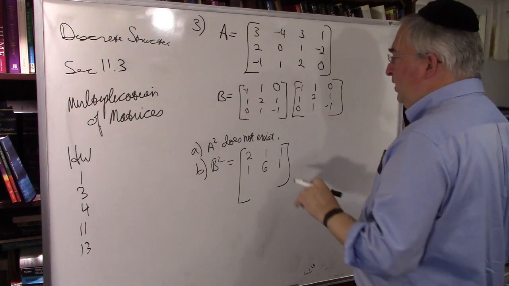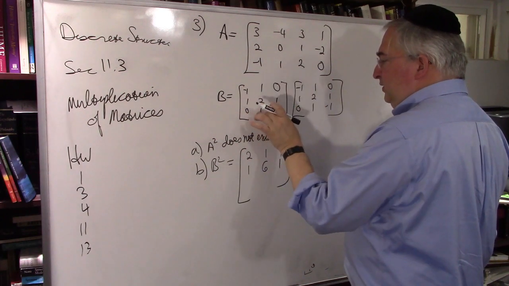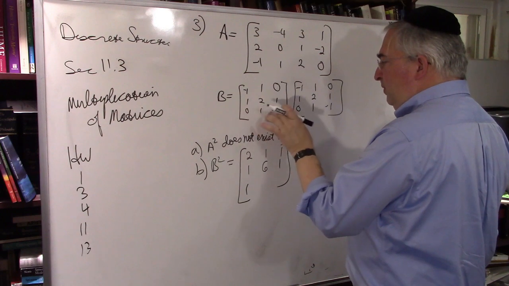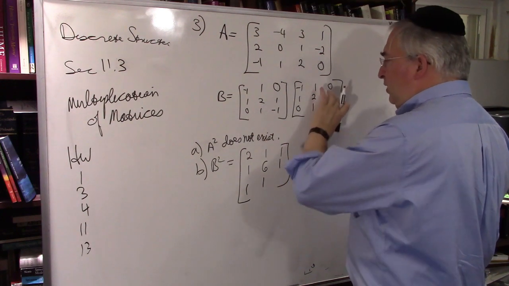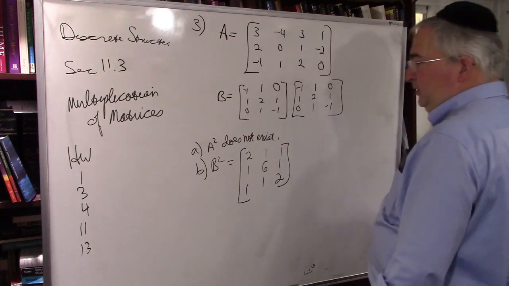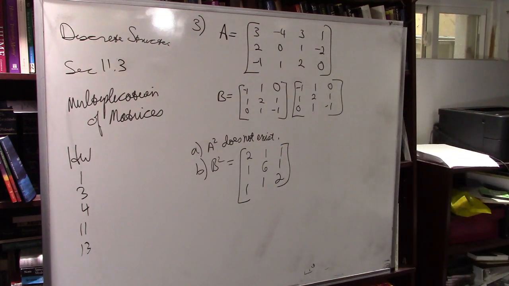Okay, great. Next, that's going to be a 1. 2 minus 1 is 1. 1 plus 1, that's a 2. That's B squared. Again, I could have made mistakes. That was a little bit quick.